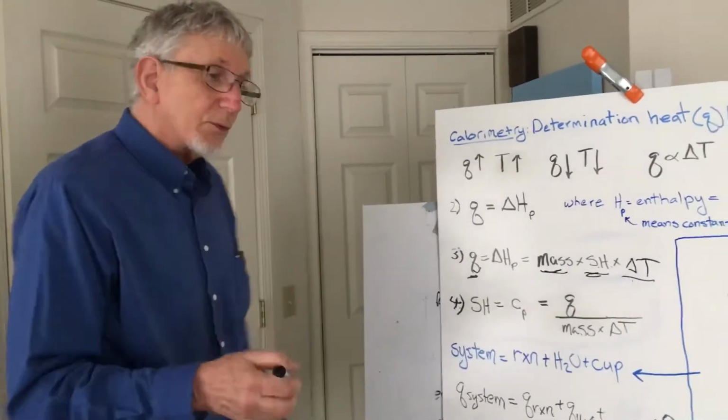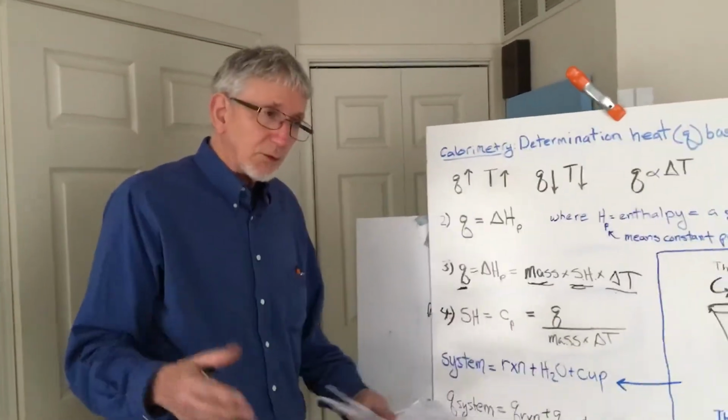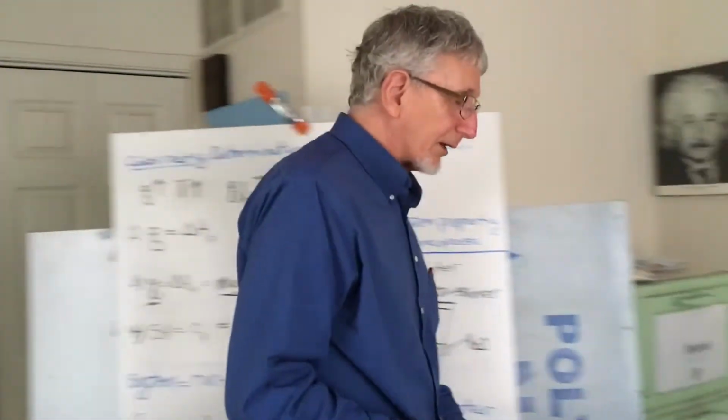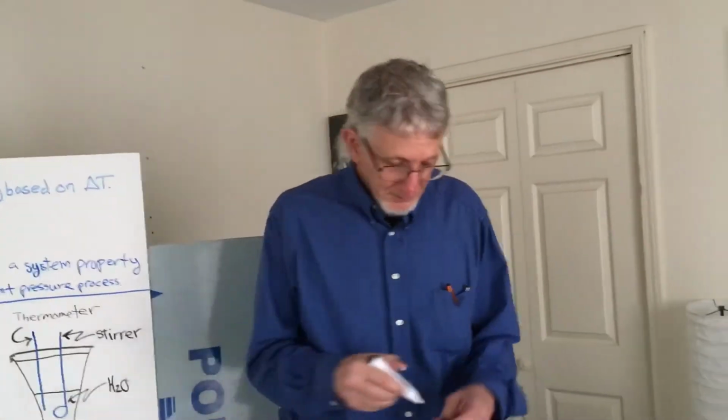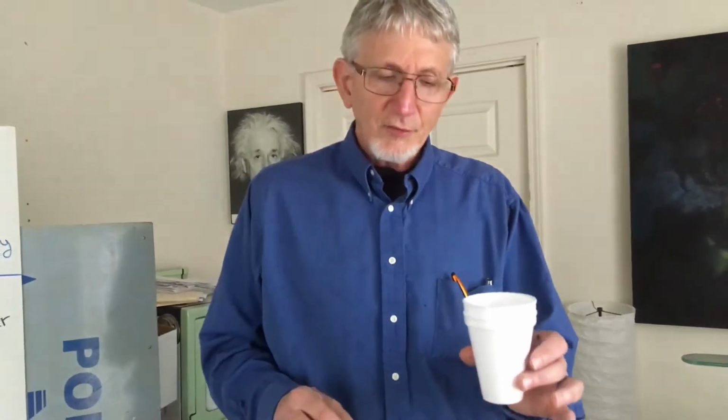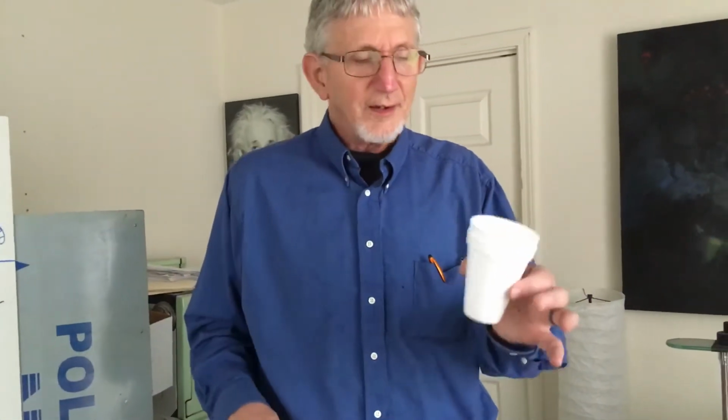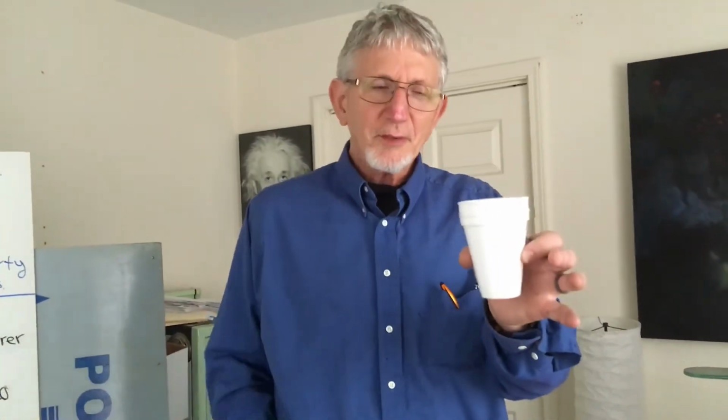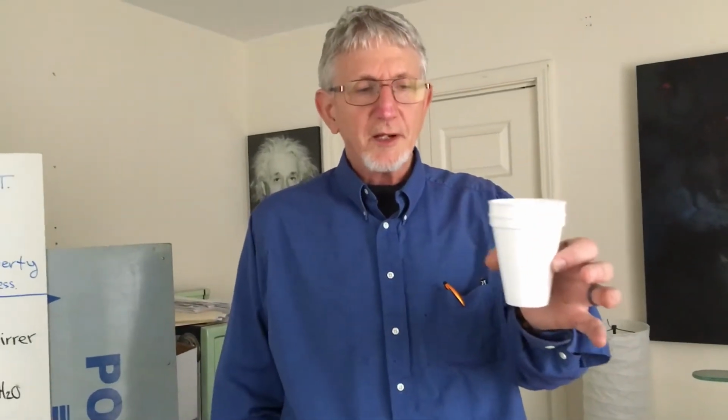But what are we going to use as our calorimeter? To do calorimetry, you need a calorimeter, and a calorimeter is an instrument that allows us to measure temperature change. And we're going to use this calorimeter. Most calorimeters are very expensive and very accurate scientific instruments, but ours is neither of those. It's cheap and it's not terribly accurate, but it works well for a Gen Chem lab.